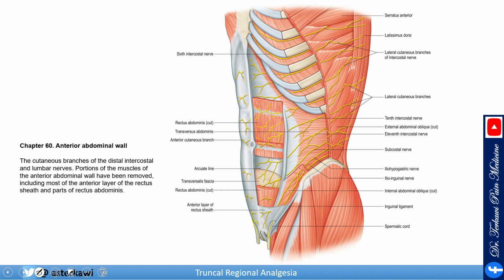Now, this is another view. What I like about this picture, which I want you to understand, is that these intercostal nerves travel downward and of course forward. But why is that? Because they follow the rib, right? And this is an important concept.